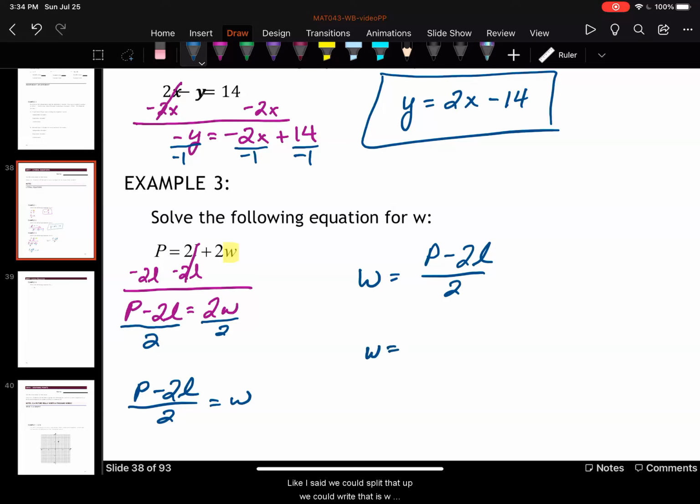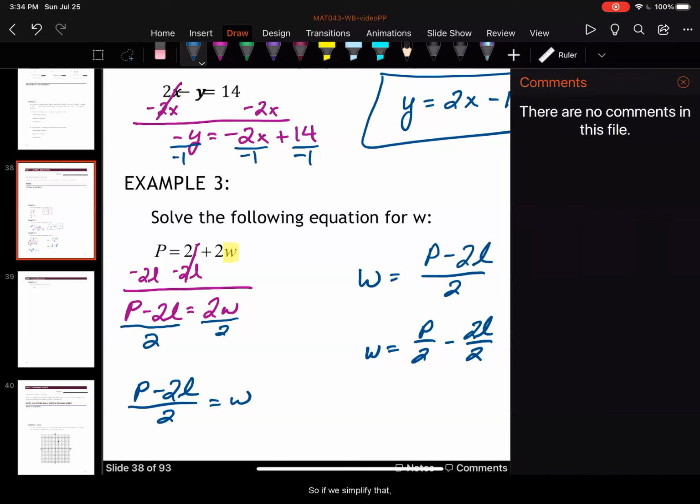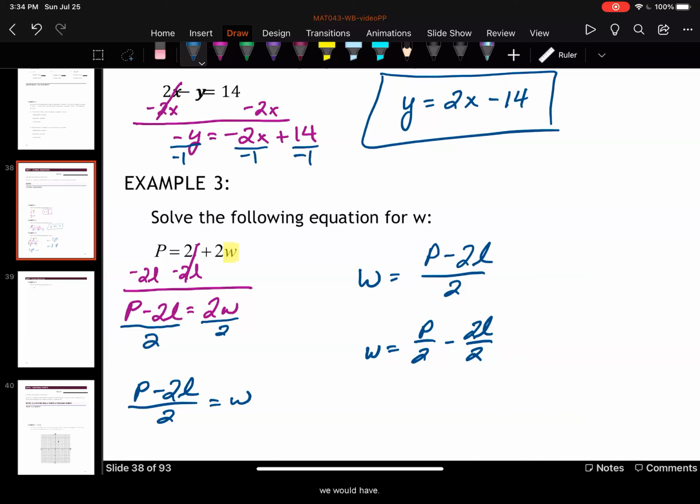Now, like I said, we could split that up. We could write that as W equals P over 2 minus 2L over 2. If we do that, we're going to need to simplify that second fraction. So if we simplify that, we would have W equals P over 2 minus L, because 2 over 2 would divide out.